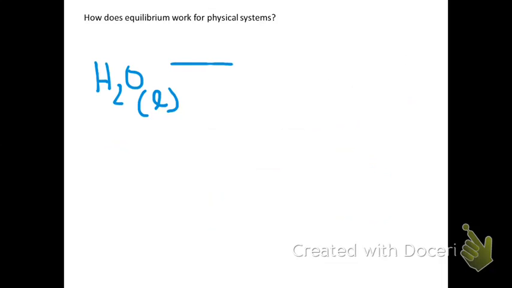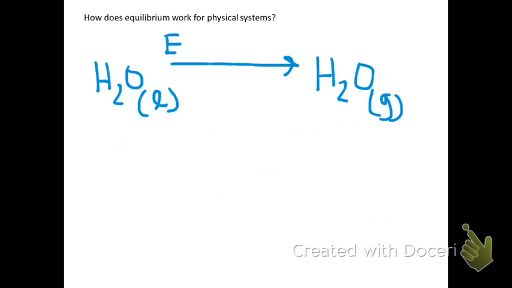Now, we know that water, liquid water, can evaporate, and that is a physical process to convert it into a gas. This process of evaporation is noted in the forward direction.